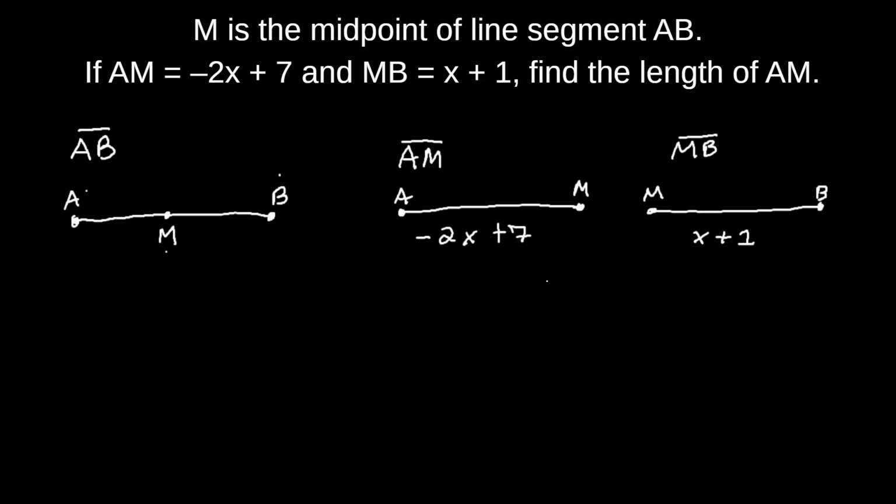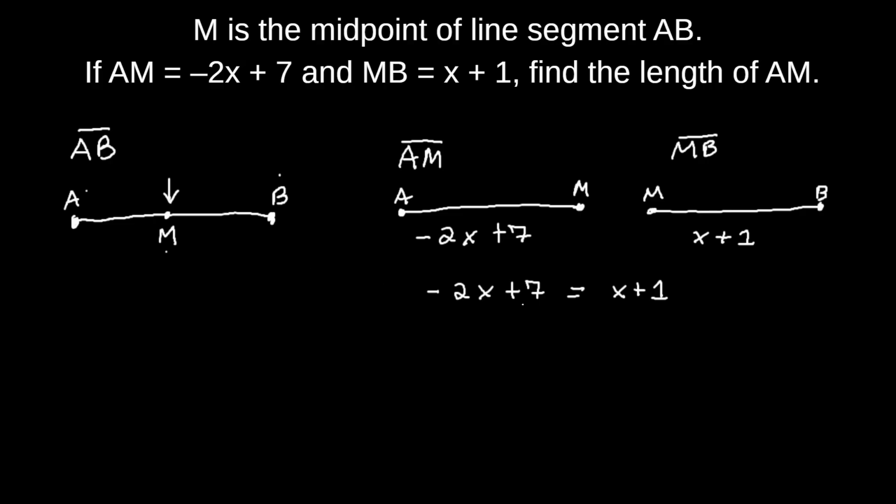Now, think about these two segments. AM and MB make the segment AB. So what does that mean? It simply means that negative 2x plus 7 is equal to x plus 1. Why is it equal to x plus 1? Because segment AM and segment MB are equal, since M is the midpoint of segment AB.